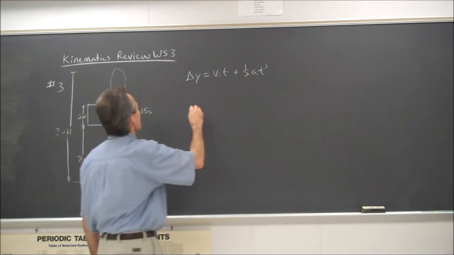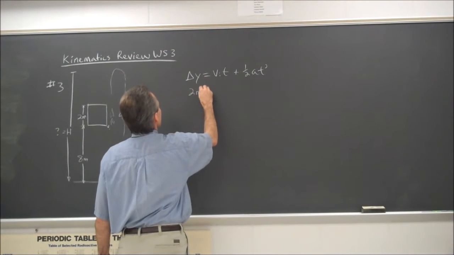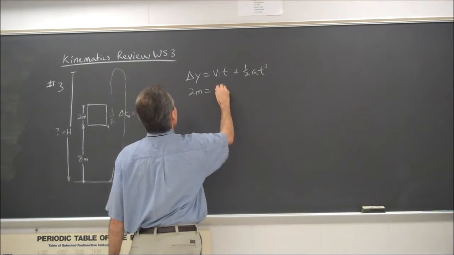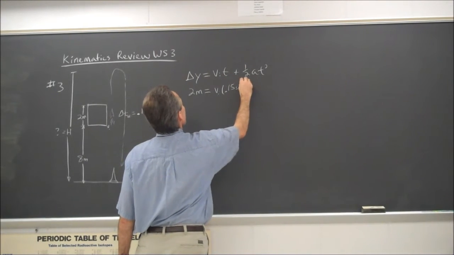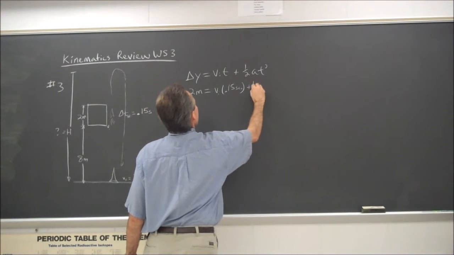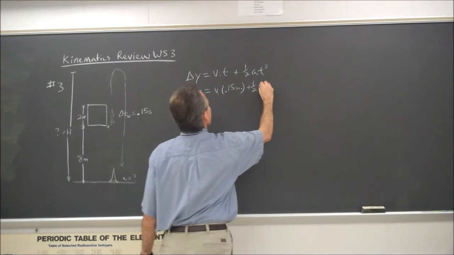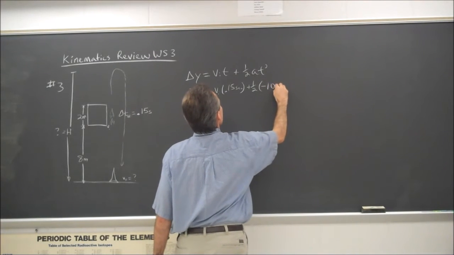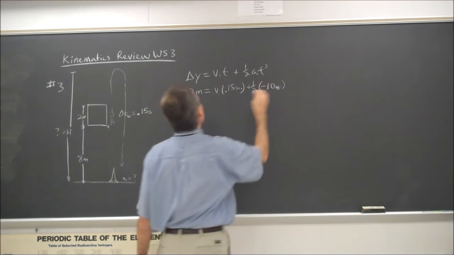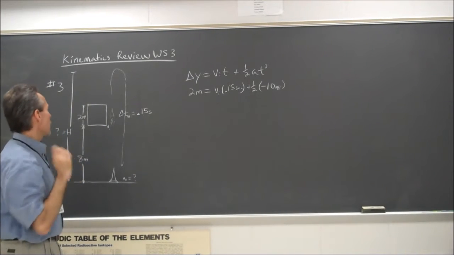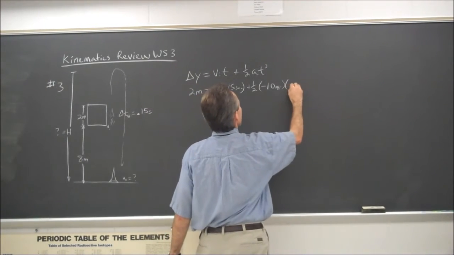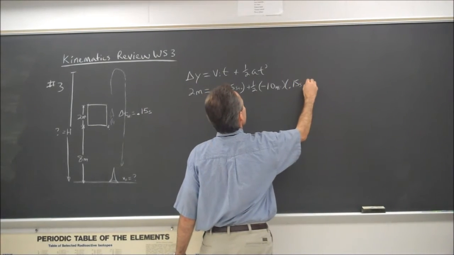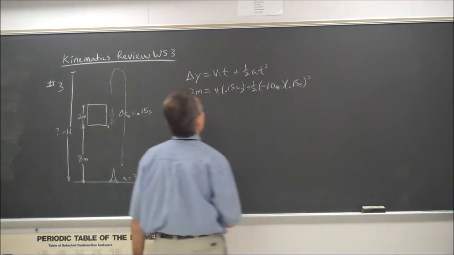And so this will be 2 meters equals VI times 0.15 seconds plus 1/2 the acceleration, which is negative 10 meters per second squared, negative because downward, and the displacement's upward, positive, and then times 0.15 seconds, I have to square that.